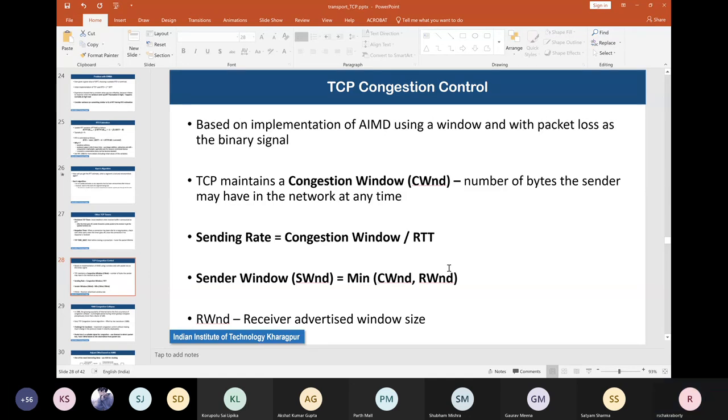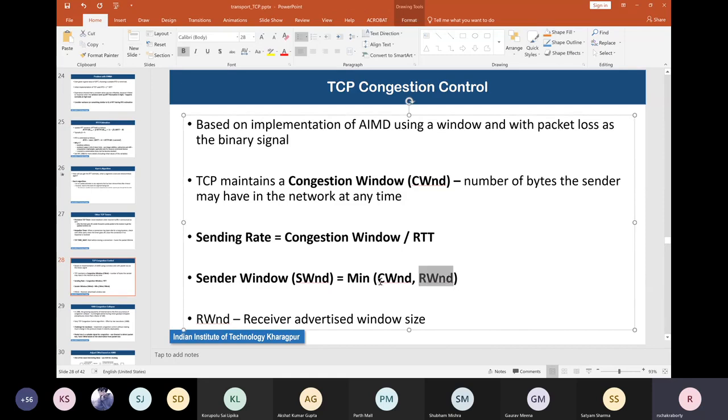This is my estimate of how much byte I should push into the network. This is different from the receiving window. If the network currently, by my estimate, is in extremely bad shape and in a congested mode, I will not push in too much data. Even if the receiver tells me, okay, you give me 2 kilobytes of data.